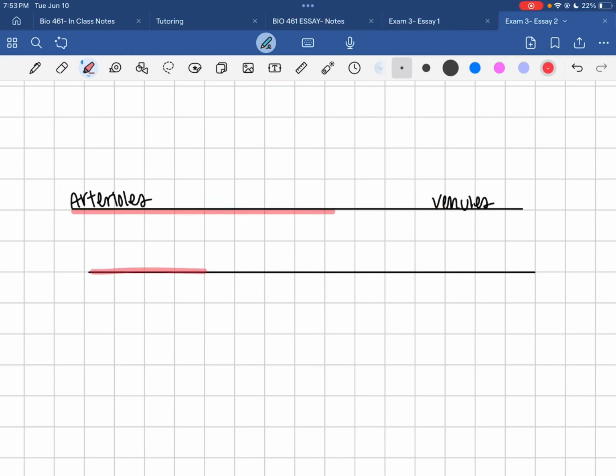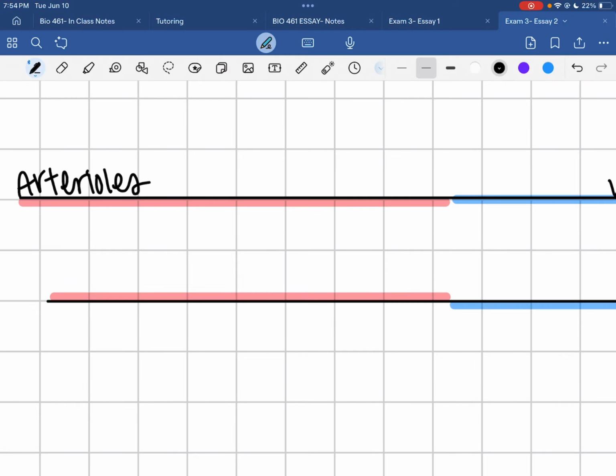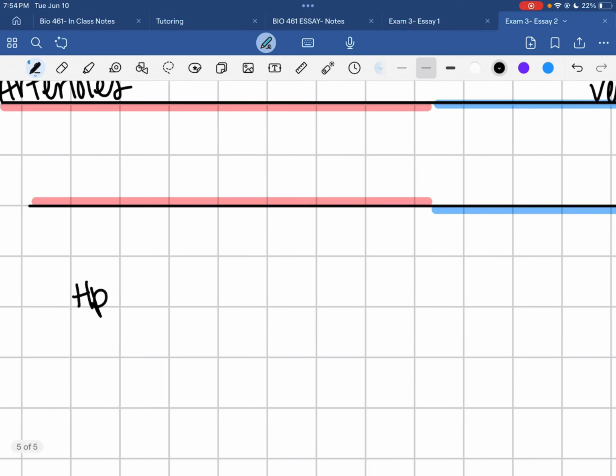Arterioles are going to run to about there and there, and then venules will be here. Okay, not very even, but I feel as though you should get the point.